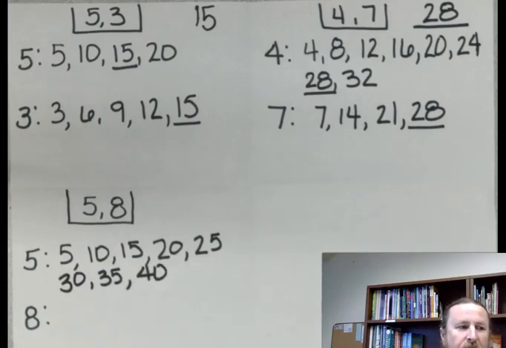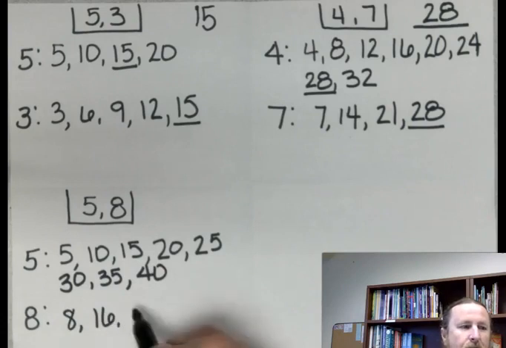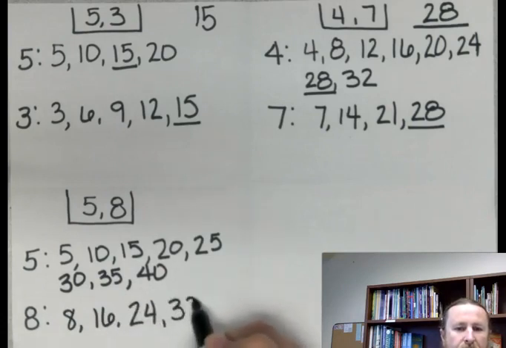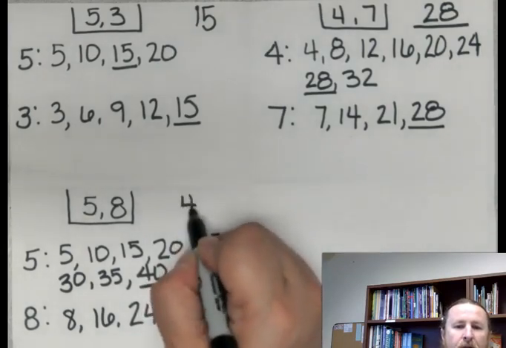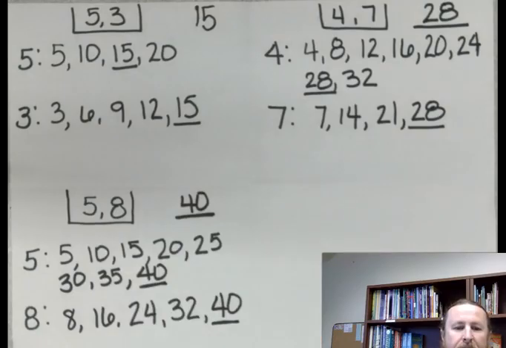Now we list the multiples of 8. So we start with 8, 16, 24, 32, and 40. And we have a least common multiple of 40 for the numbers 5 and 8.